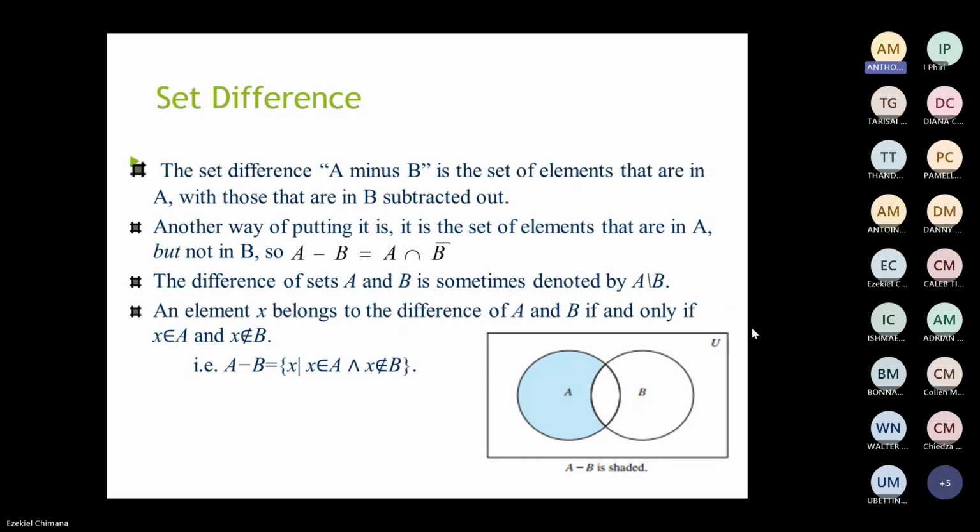The set difference, or A minus B, is the set of elements that are in A with those that are in B subtracted out.